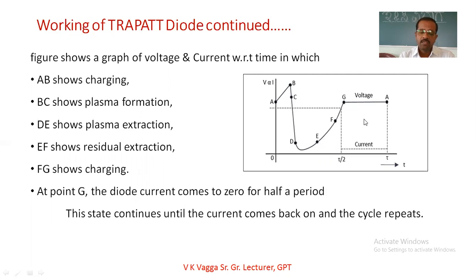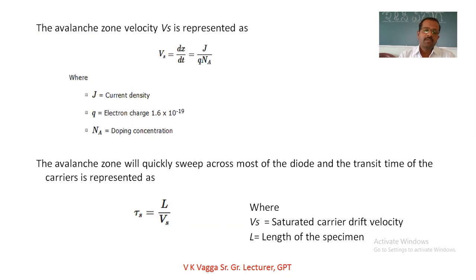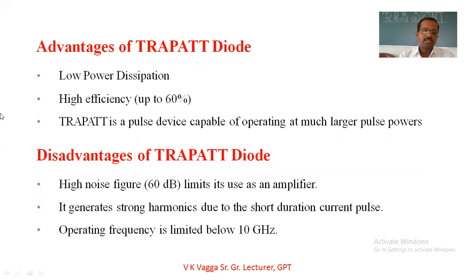For the equations, the velocity is vs equal to J divided by q N A, and the transit time is ts equal to l divided by vs.